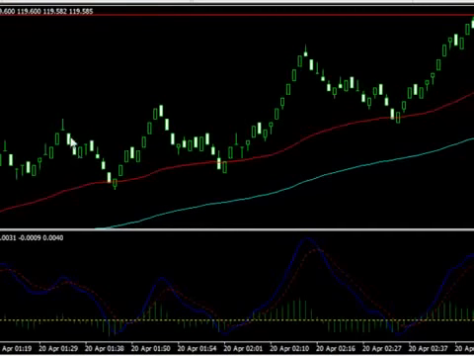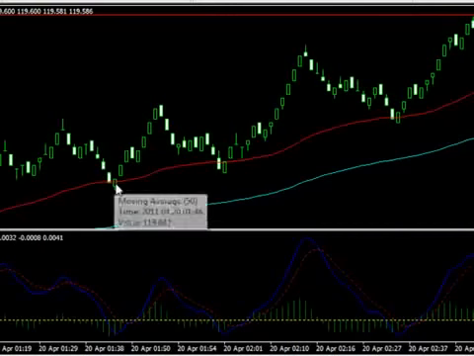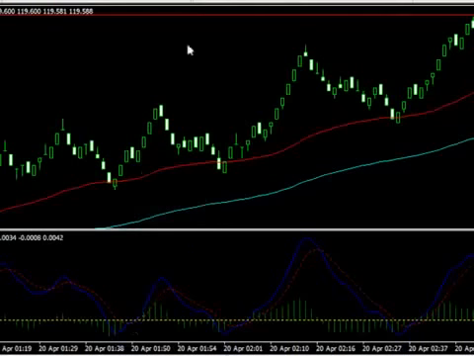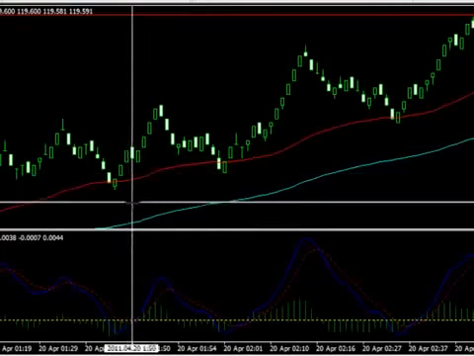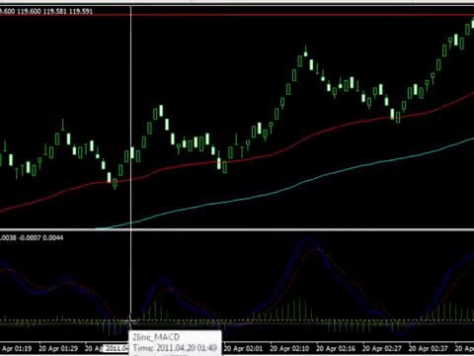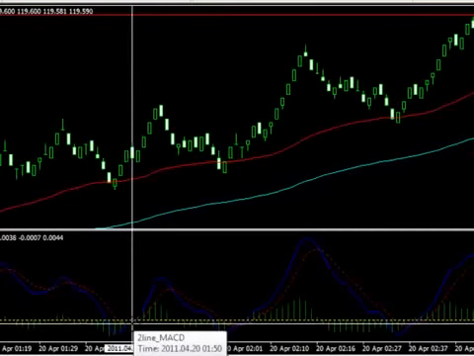And the ideal is we've got some movement, that sine wave, up, down. We can see that. And we see price pulls back into the 50 and then bounces off the 50, coinciding with a cross of the MACDs.